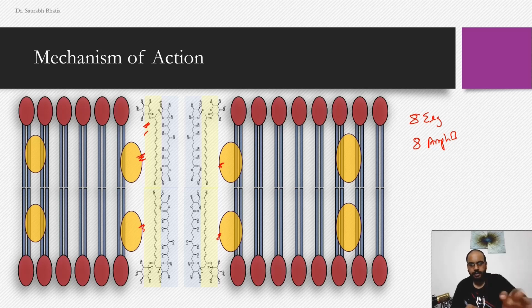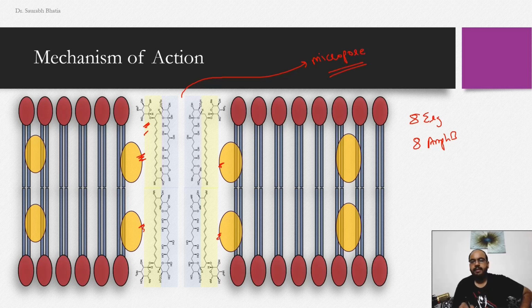This is a 2D representation, but if you imagine it, a circle is formed. A circle is formed like a cylinder, and the outer wall of the cylinder is lipid loving, which is stabilized by ergosterol. The inner part is water loving, which facilitates the transfer of ions from inside the cell to outside and from outside to inside. Okay, and when this pore is formed, this pore is known as a micropore.